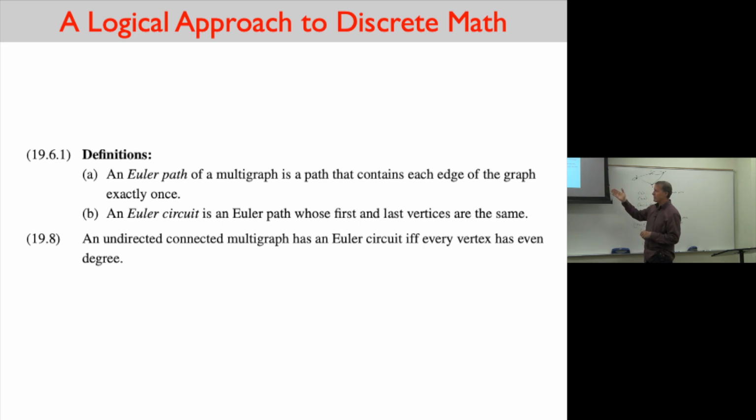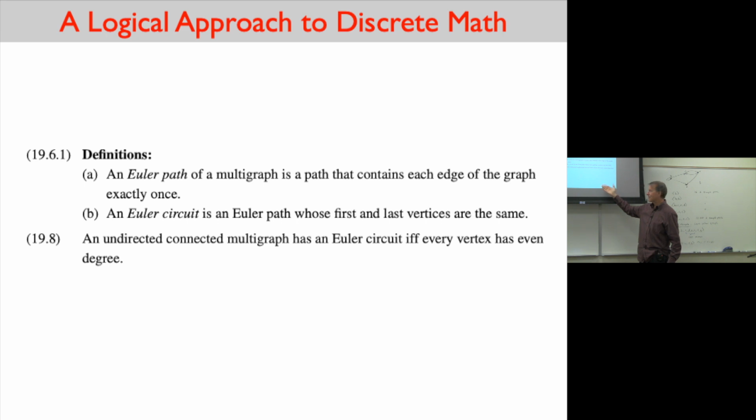So according to this definition, really what were the townspeople asking? Does an Euler circuit exist? Are you with me on this? And what did Euler prove?